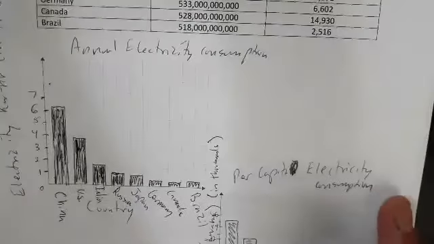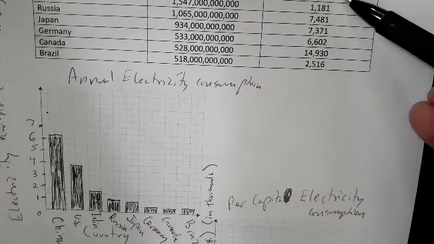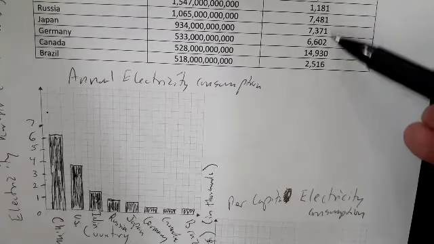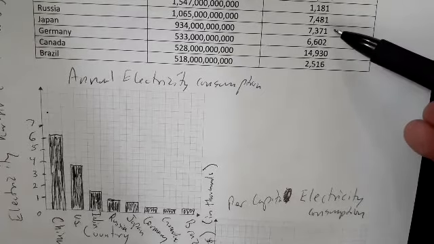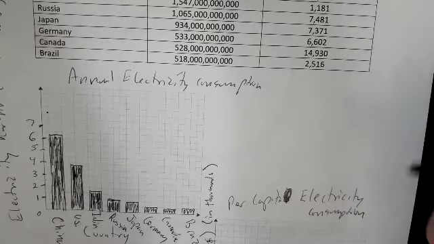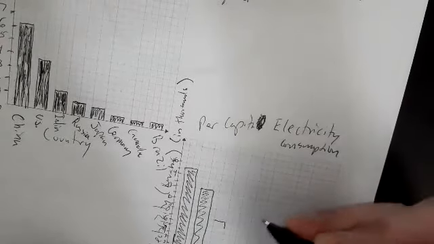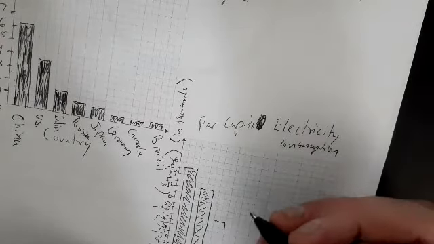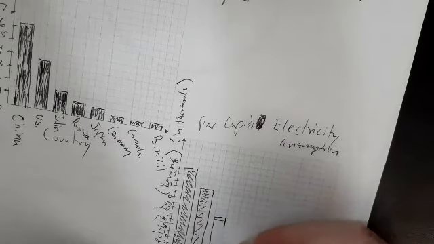All right, the next thing I have, looks like the 7s are next. So Russia and then Japan looks like it's right behind there. And then Germany. So that's 1, 2, 3, 4, 5, 6, 7,000, about halfway to the 8, maybe even.